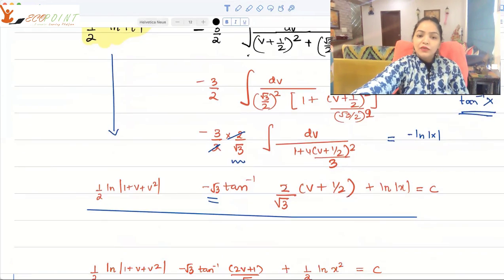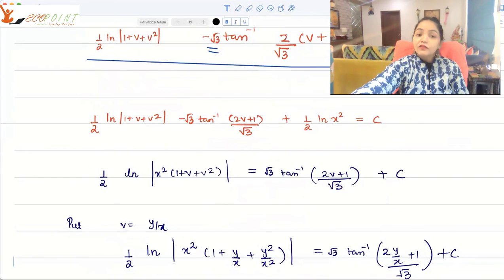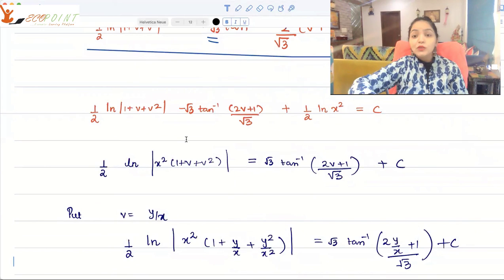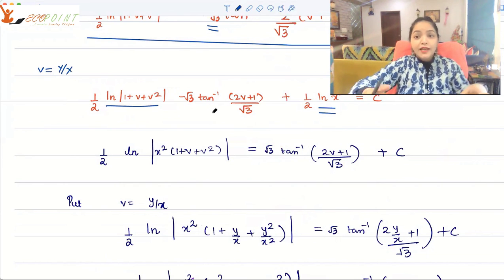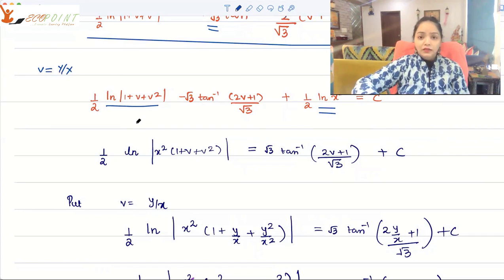Of course, you can now convert that in terms of just x and y as well. So write it down in terms of x and y, where v is equal to y by x. Just substitute it. What I've done before that is, since you have half log x here, you can take it as x square and then combine the logs. Log a plus log b is basically log of the product ab, right?